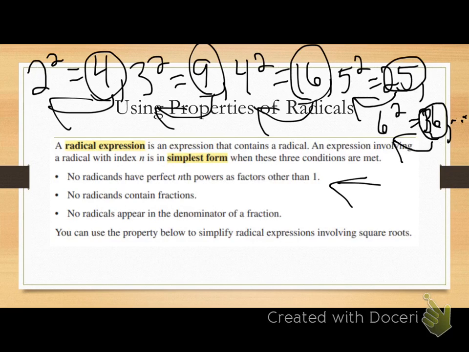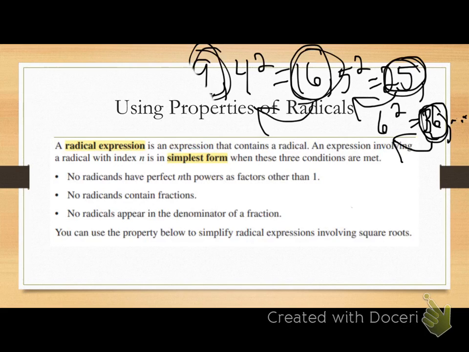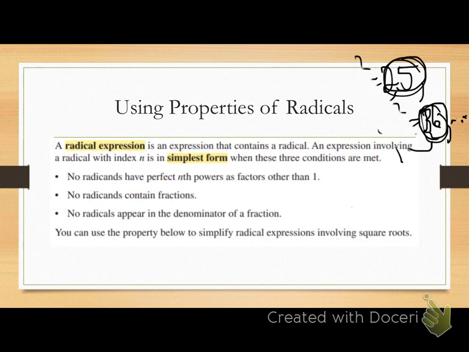So that's what this first point is saying: no radicands have perfect nth powers as factors other than 1. That means I don't want any of these circled numbers underneath my radical, because if I do, I can simplify it further by taking the square root of those numbers. Hopefully that explanation makes a little bit of sense, but let's look at the rule and then jump into some examples.